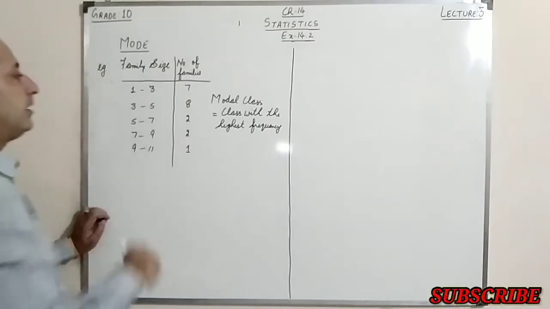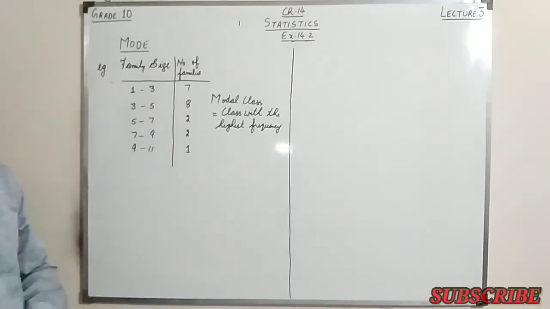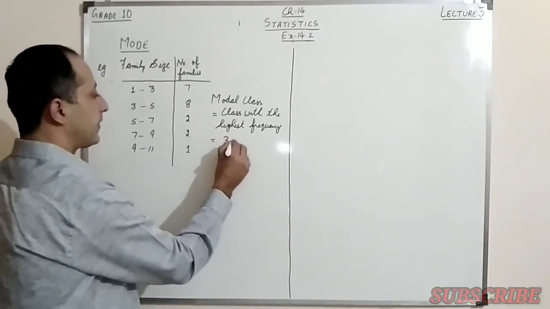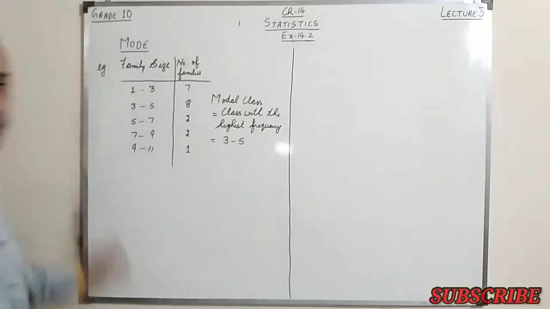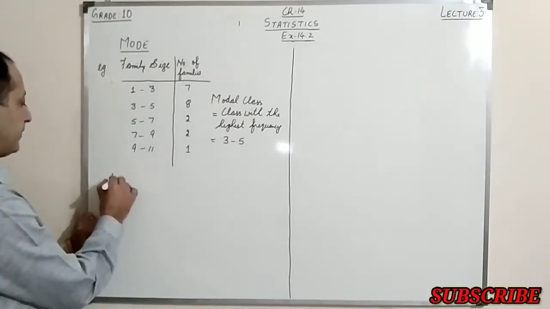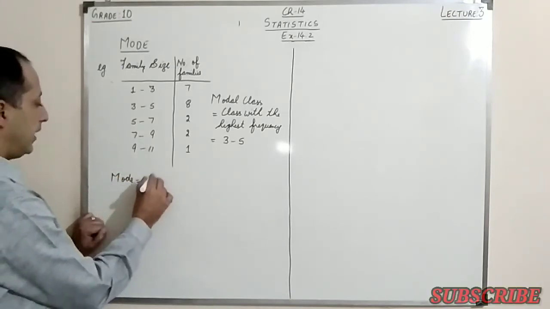We can see clearly that the class from 3 to 5 has the highest frequency, that is 8. So we take this as the modal class.